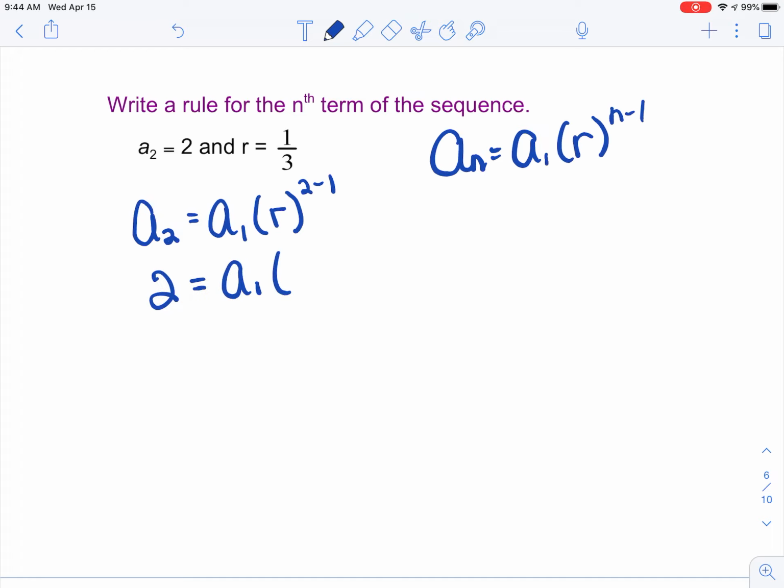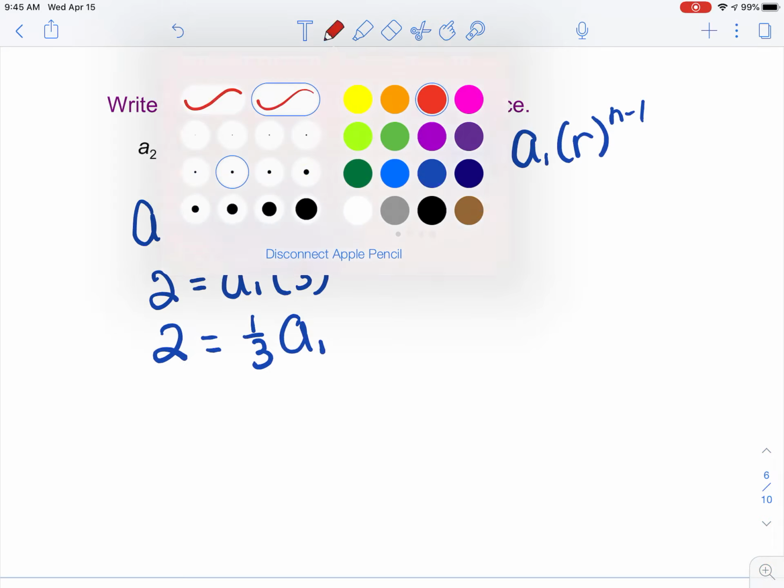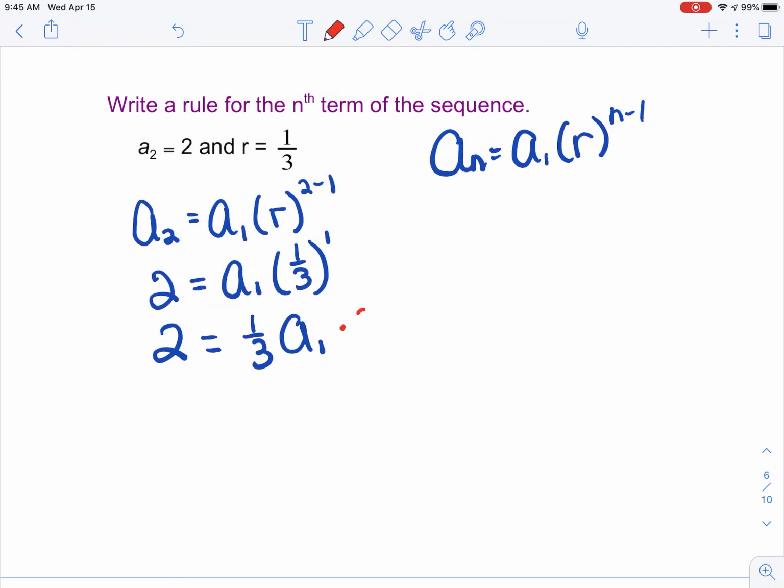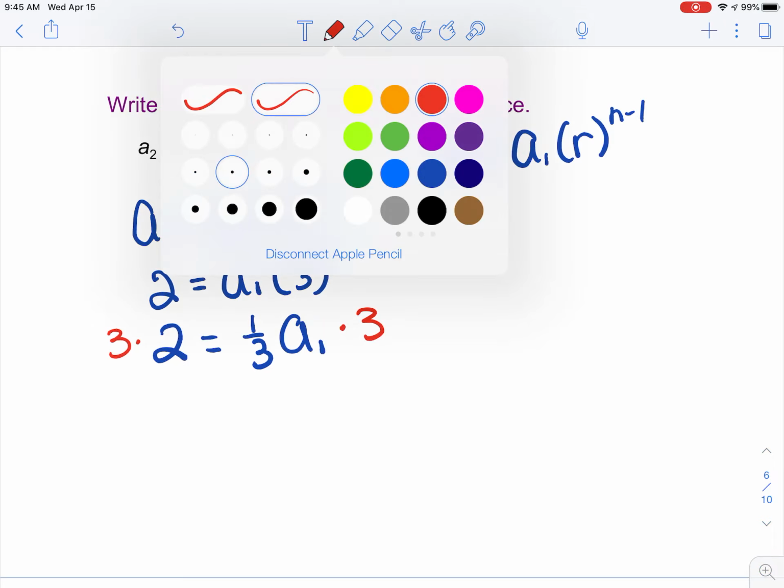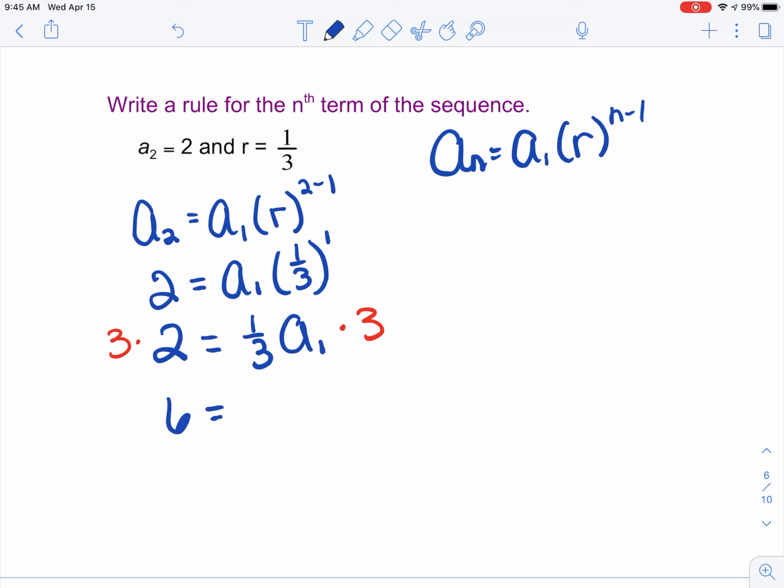So now all we have to do is plug in everything. My second term is 2 equals a sub 1 times my r, 1/3 to the first. So 2 equals 1/3 a sub 1. To get rid of my 1/3, I can multiply each side by 3.